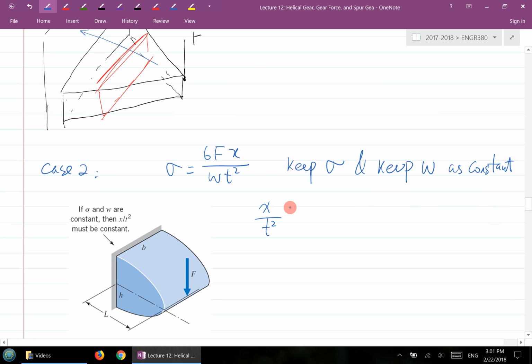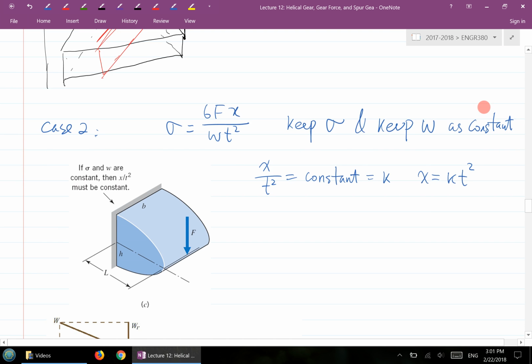Okay, so if we keep the sigma constant, W constant, so that basically leaves us what? X over T squared equal to a constant. Okay, X equals a constant times T squared, and the constant is K. So meaning X equals K times T squared. Okay, right? Now, in order to draw it here, if this is X, if this is T, then X equal to T squared gives you a parabola, right?